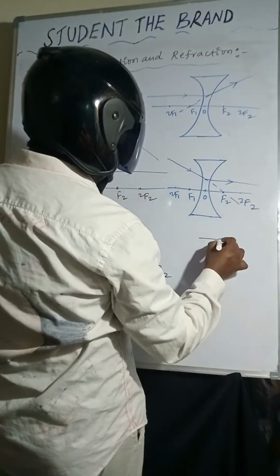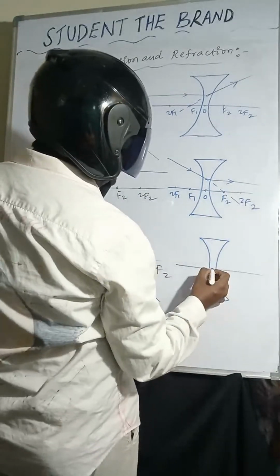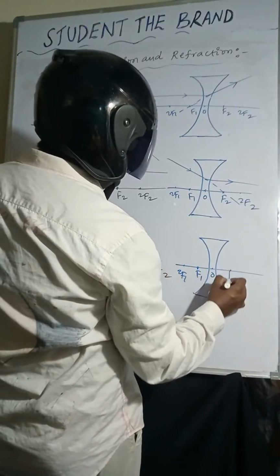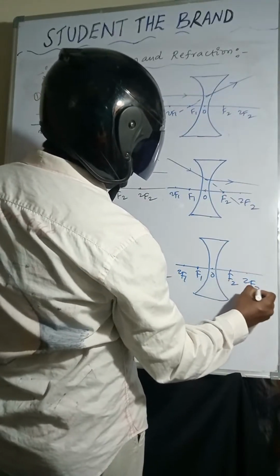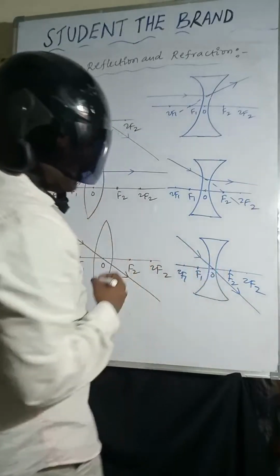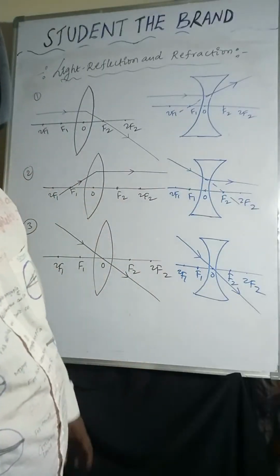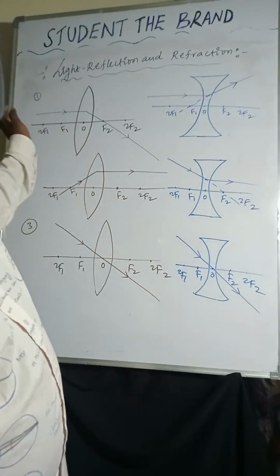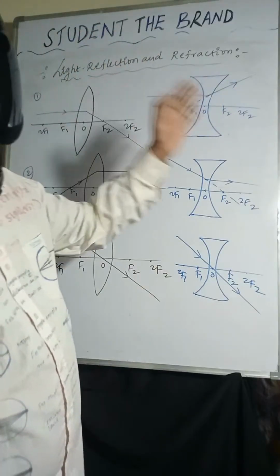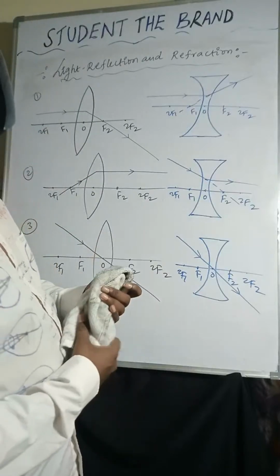And coming to the last one, optic center, F1, 2F1, F2, 2F2. The light ray passing through the optic center, no deviation takes place. Okay. So that's enough. This is about the convex lens and concave lens. Next one, image formations, we'll discuss.